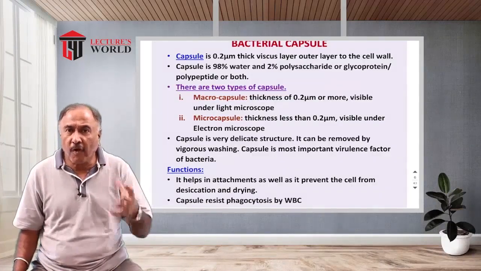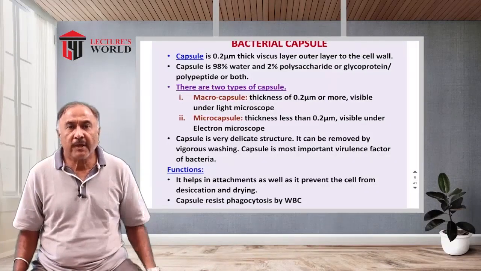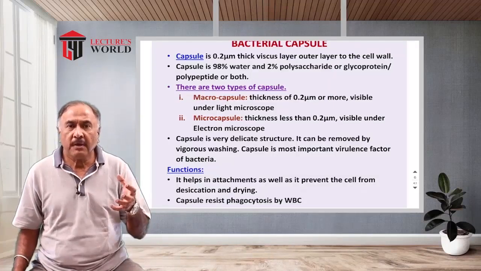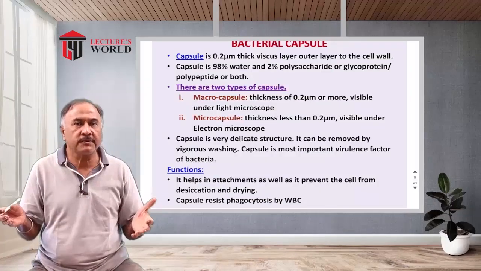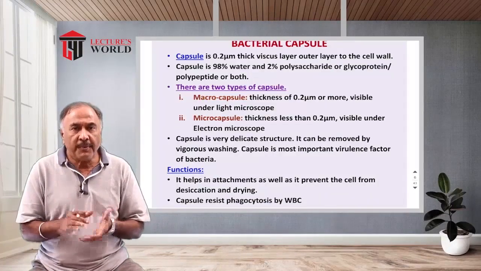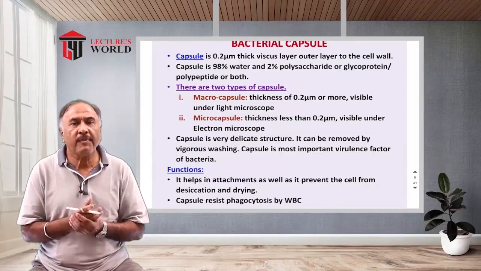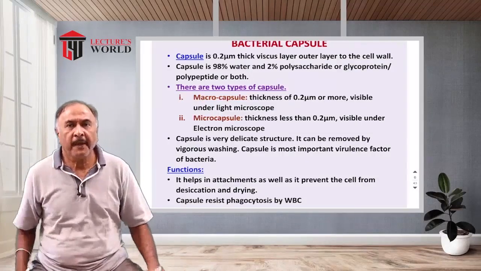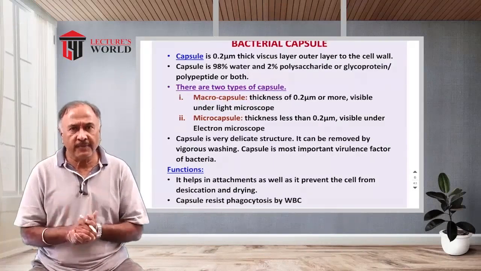Capsules are firmly attached to the cells. Firmly attached means it is very difficult to remove capsules. However, in the case of a slime layer, it can easily be lost even when we prepare a smear and put the slide under water. It means they are loosely attached.